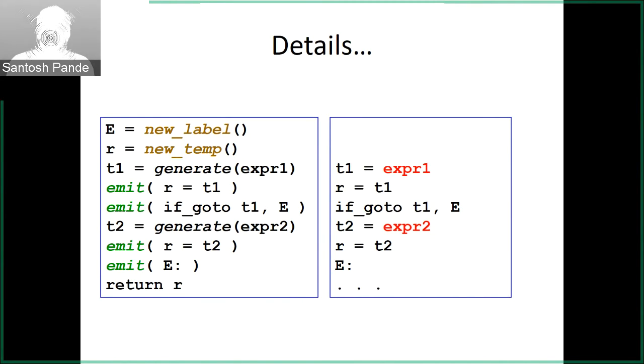Why? Most of the time you use short circuiting, as I said, to cover some corner case wherein you don't want expression 2 to be evaluated under certain situations.